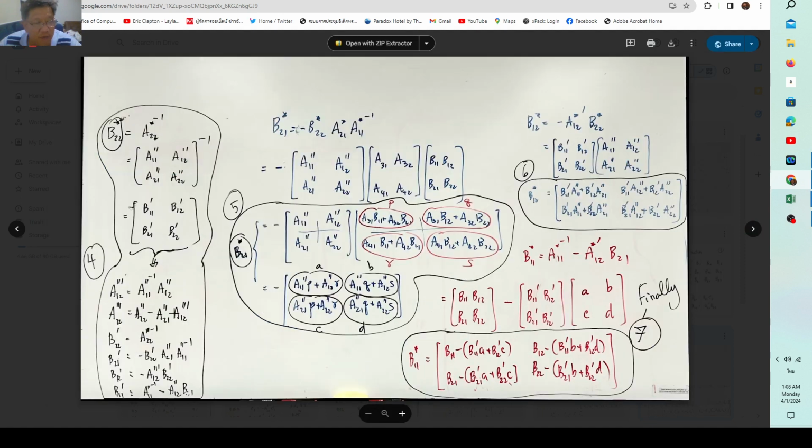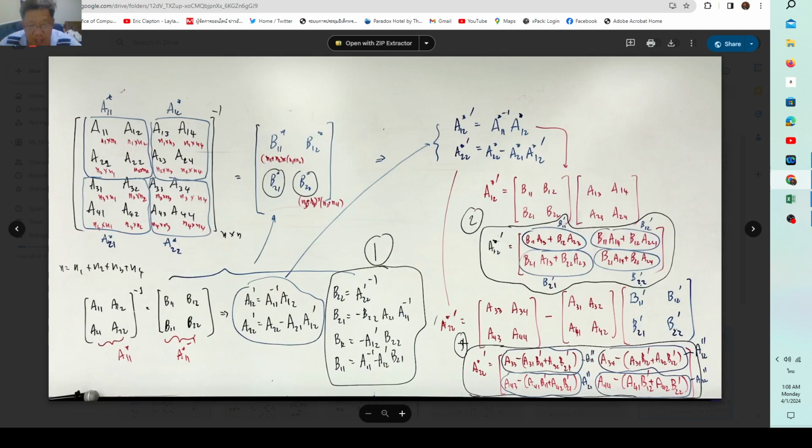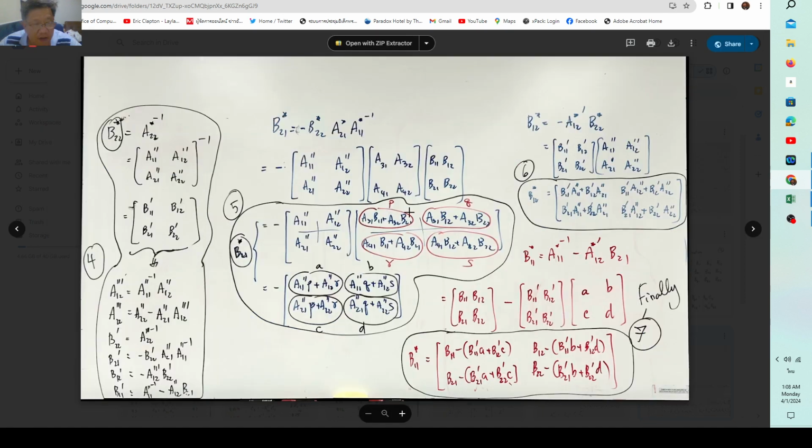Okay, and this is what we did. I already did it for you, right? This one is a step. After you get A22, it starts the result step. This 1, 2, 3, and then you compute the fourth part, fifth part, sixth part, and then you get the seventh part.